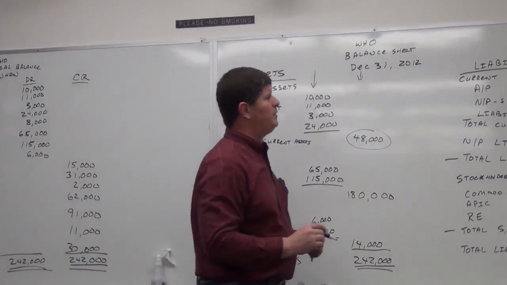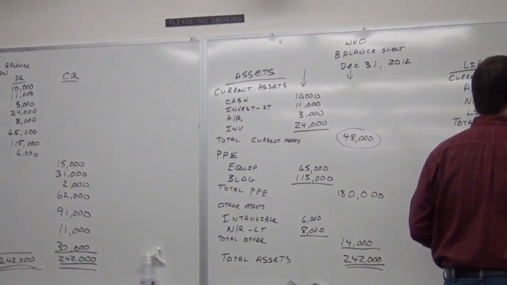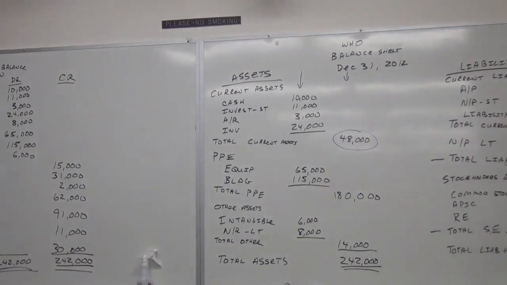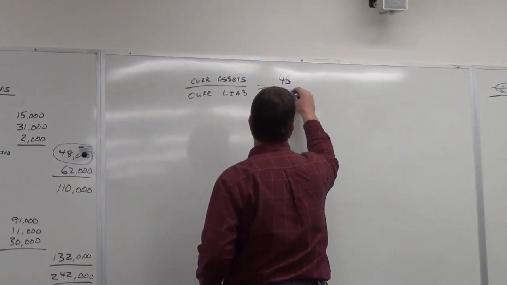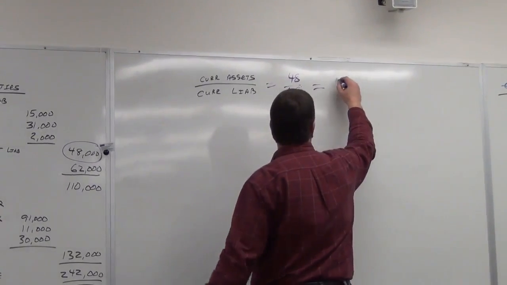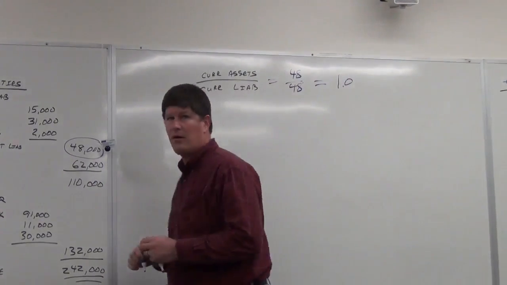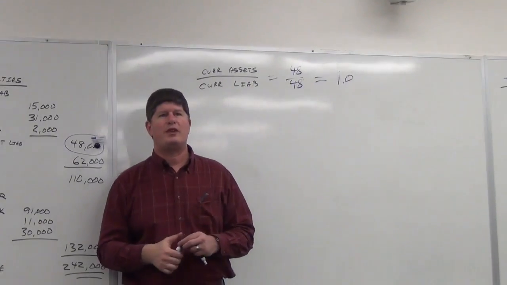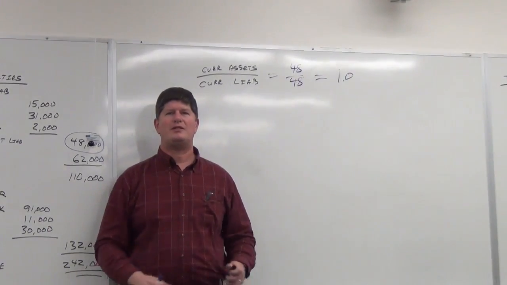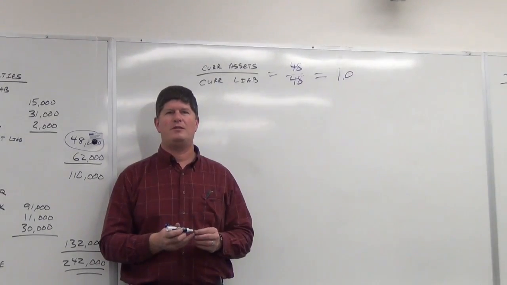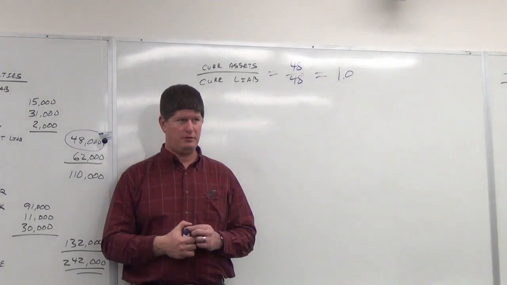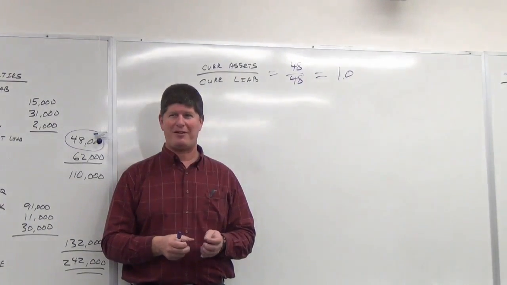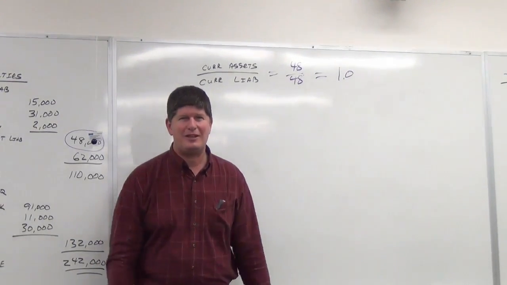Where do I find current liabilities from? Right there. Equals 48 over 48 equals 1.0. Do we have enough cash and current assets to cover our current liabilities? Yes. So we're okay. Just barely. But we're okay, right? Questions on that?